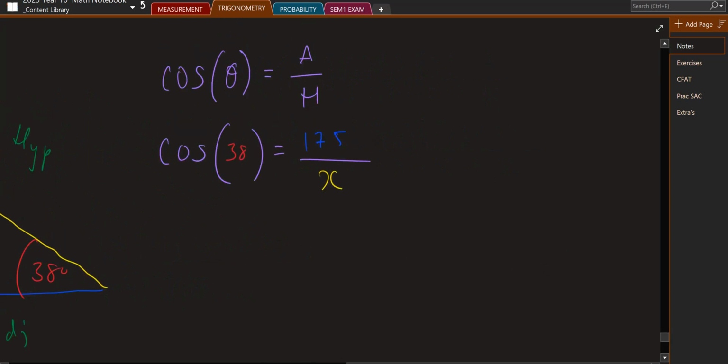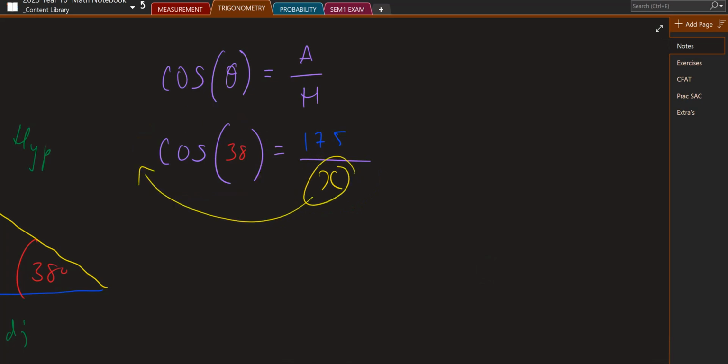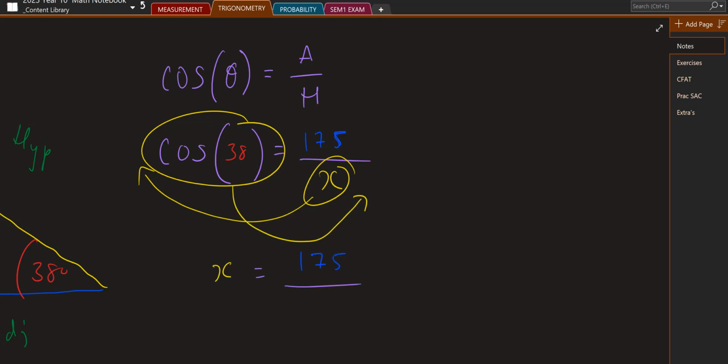You're trying to isolate x, make it by itself. So for this type of equation, what you're going to be doing is swapping x with that cos 38. So x will go here, and that cos 38 will go below that 175. Sorry, that's not 17.5. All right, so let's rewrite it. So the equation should now look like this. x is equal to 175 divided by the cos of 38.